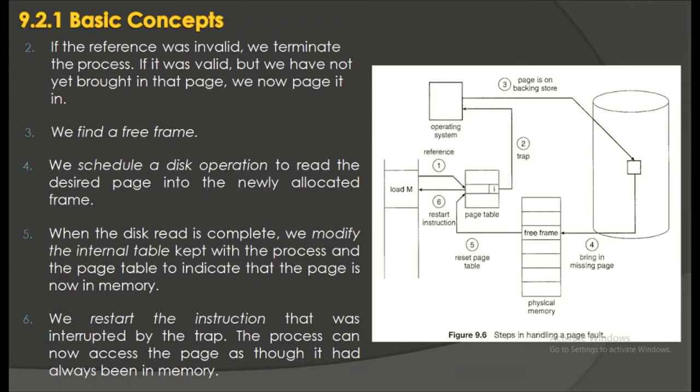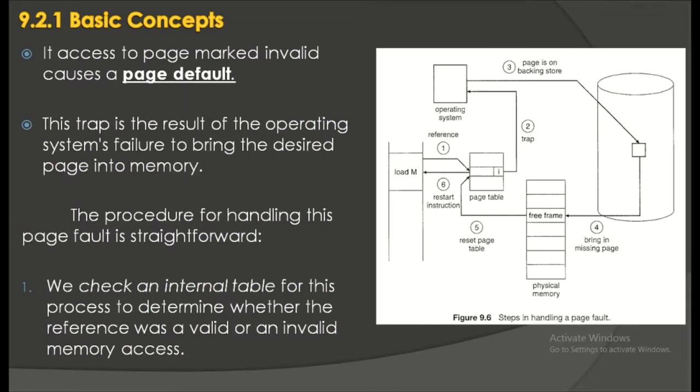Second, if the reference was invalid, we terminate the process. If it was valid but we have not yet brought in that page, we now page it in. Third, we find a free frame. Fourth, we schedule a disk operation to read the desired page into the newly allocated frame.